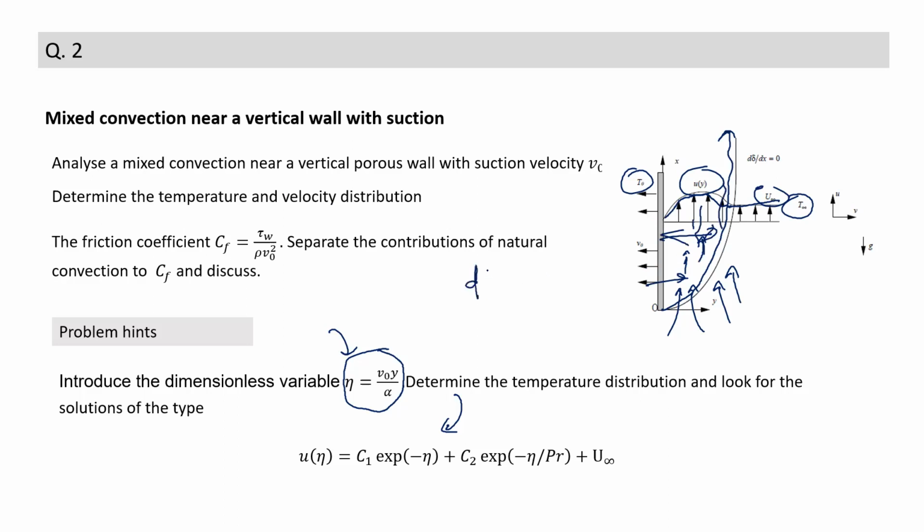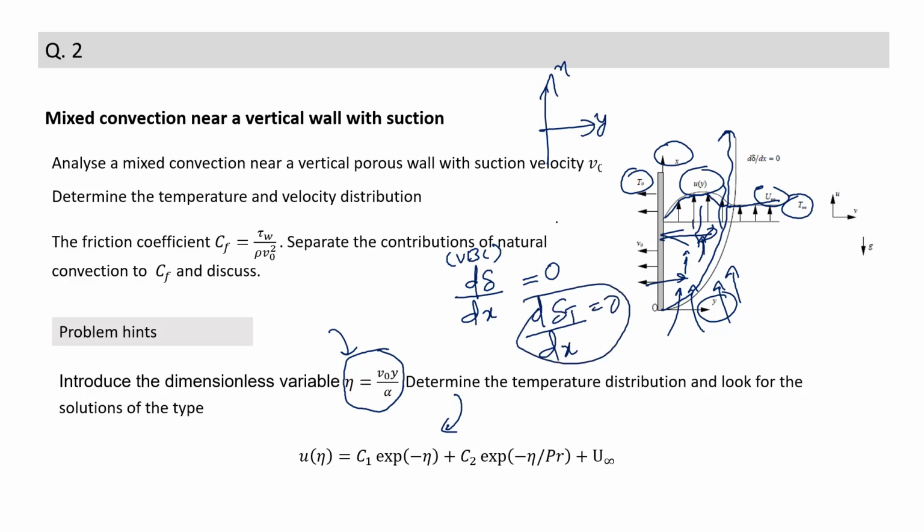So if we say d delta by dx, so if x is this direction, y is this direction, the change in the velocity boundary layer thickness as well as d delta T by dx, the thermal boundary layer, is 0 because the suction is happening.